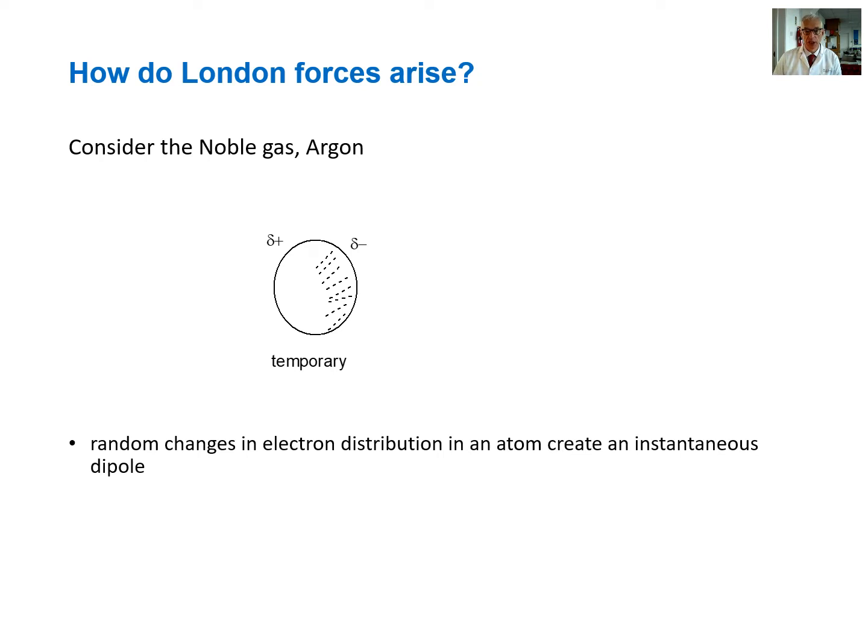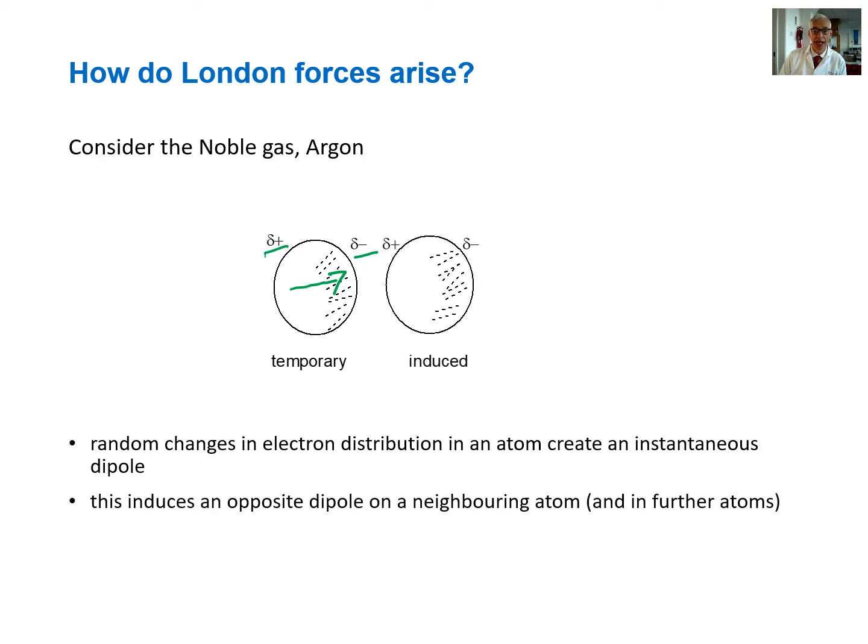In which case, it may be very possible for the electron density to suddenly and randomly favour the right-hand side of the atom as I have drawn it rather than the left. So we have an instantaneous dipole. So a delta plus where there are fewer electrons and a delta minus where there are more electrons.